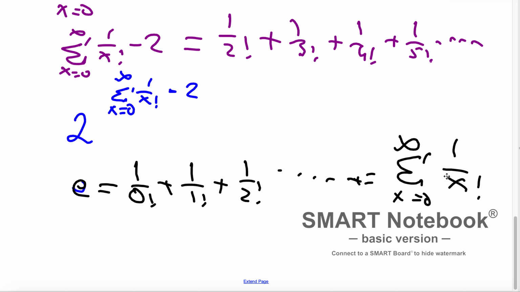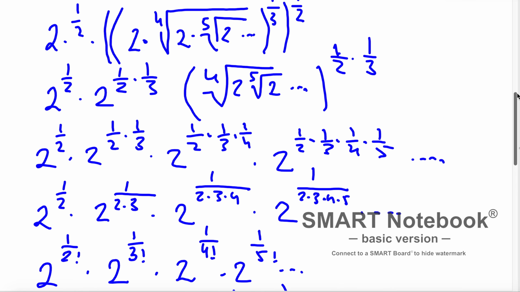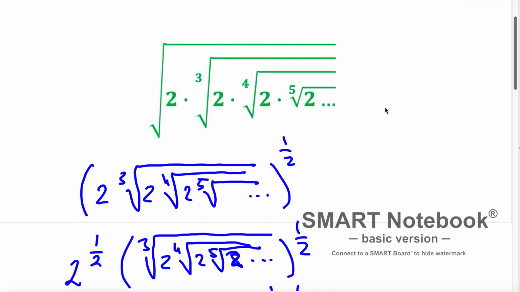And now instead of this 1 over x factorial series, we can write e. So, to make this expression look a little better, let me write with the blue color. So 2 to the exponent e minus 2. So this expression, what we said before, we can write as equal to 2 to the exponent e minus 2.